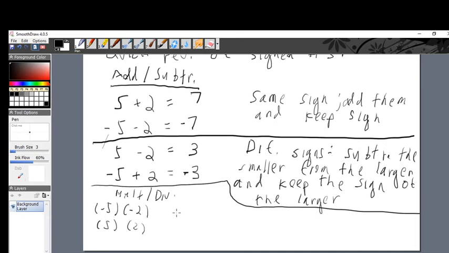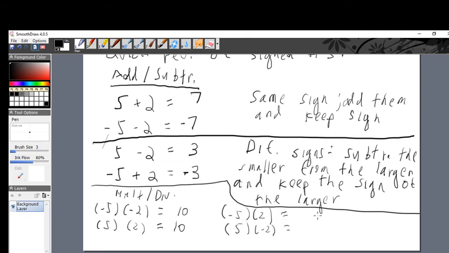What you do is, if they're both the same sign, multiply: 5 times 2 is 10. If they're both negative, the answer is positive. If they're both positive, the answer is positive. What if one is positive and one is negative, where the first one is positive and the second one is negative?